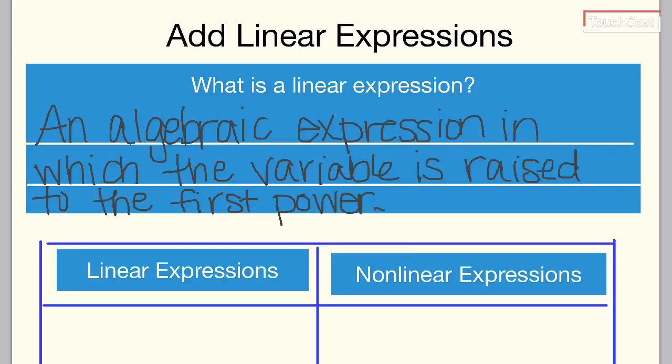All right, so make sure you have that down. And let's look at a couple examples of what a linear expression is.